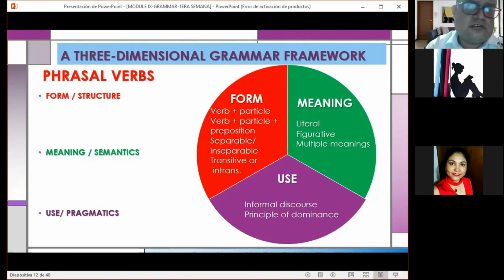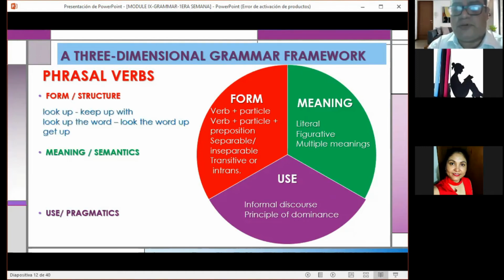And the use: you use it more in informal discourse. Remember, phrasal verbs are used principally in informal discourse, and we have a principle of dominance. So the particle, which part of the verb, because it's composed of 2 or 3 elements, which of these parts of the verb are dominant?